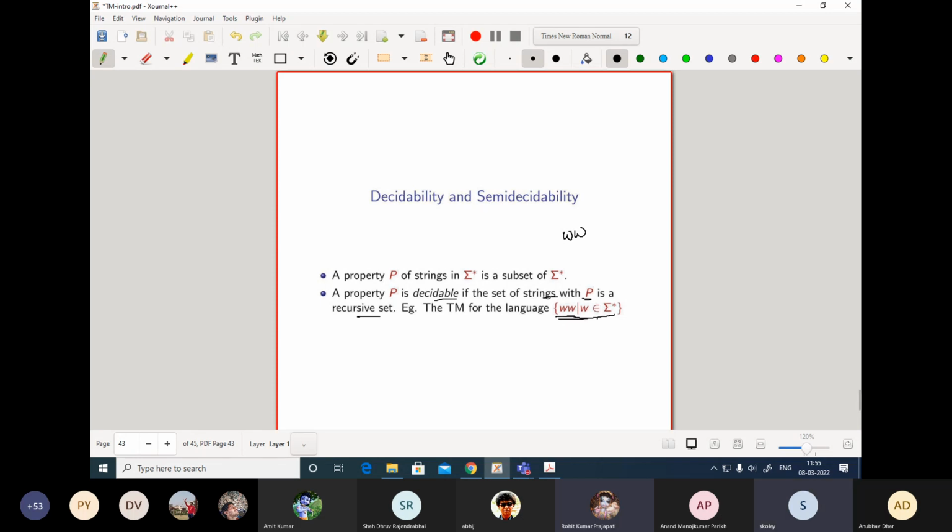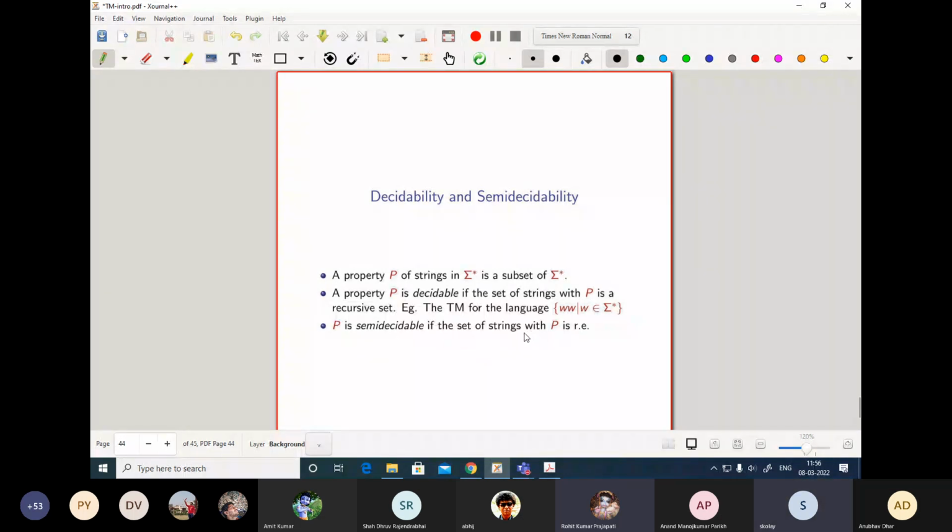This language is said to be a recursive set if it has a total Turing machine, and the structural property that this language has will be said to be decidable. So similarly, any language, you can think of it as having some property, and that property will be said to be decidable, and the language will be said to be a recursive set if there is a total Turing machine that is accepting that language.